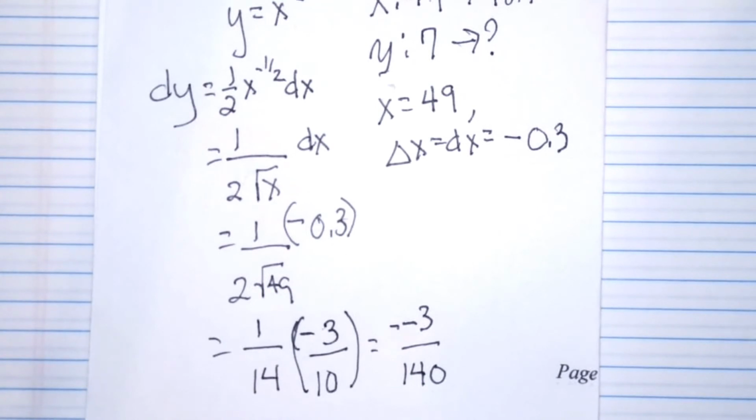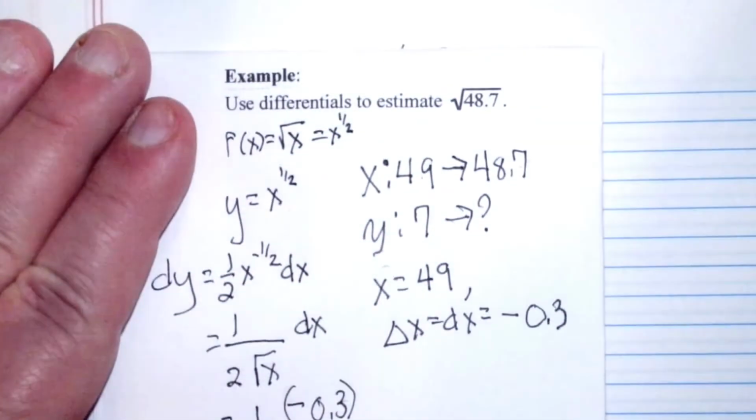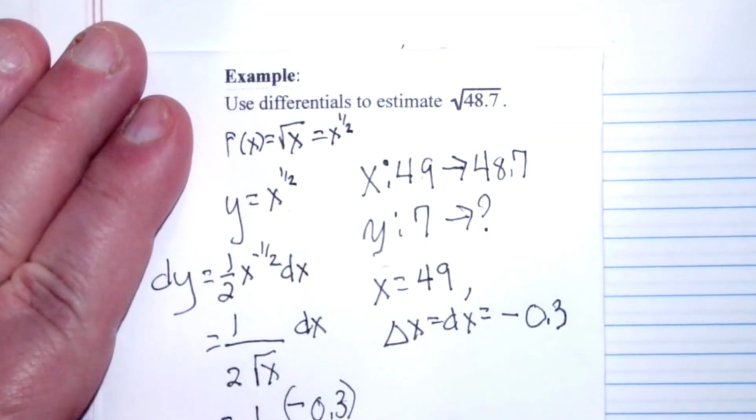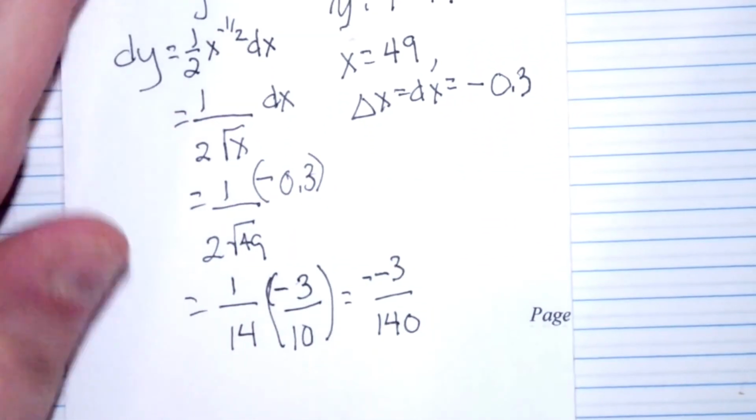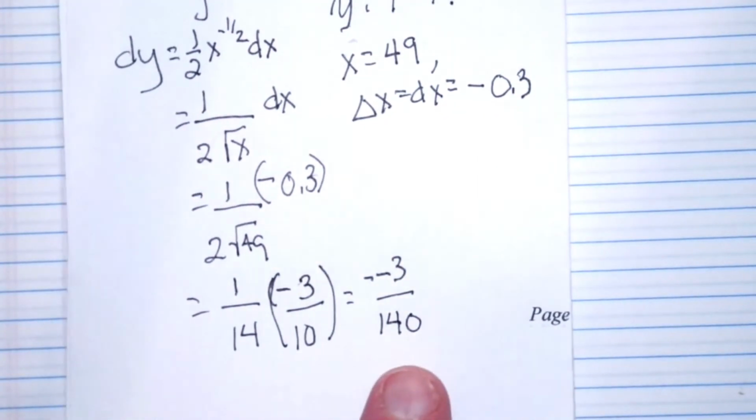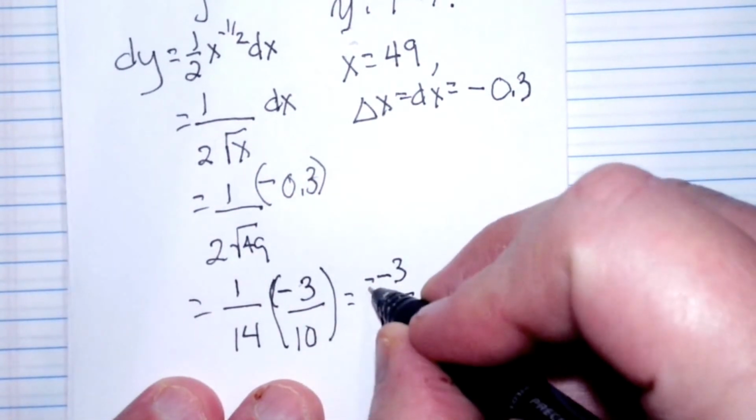Maybe I shouldn't call that the answer. That's dy. But is that, quote, the answer, unquote? What was the question? The question was, use differentials to approximate the square root of 48.7. Well, the square root of 48.7 is not going to be negative 3 over 140.